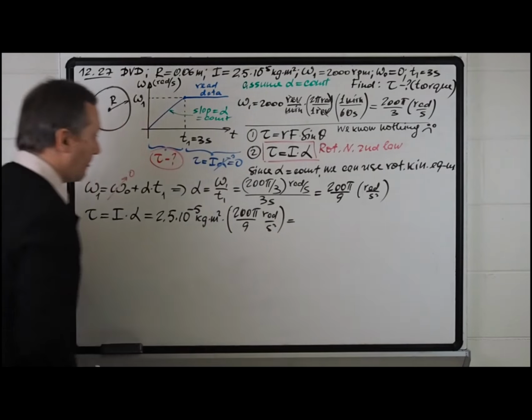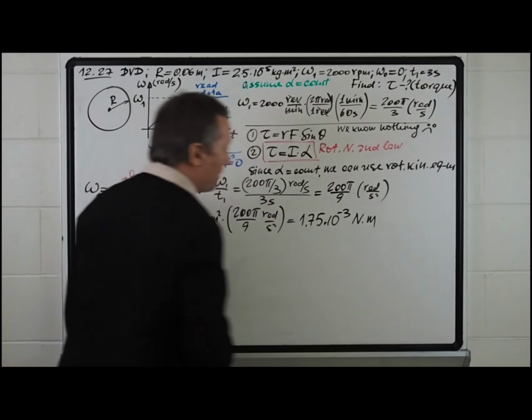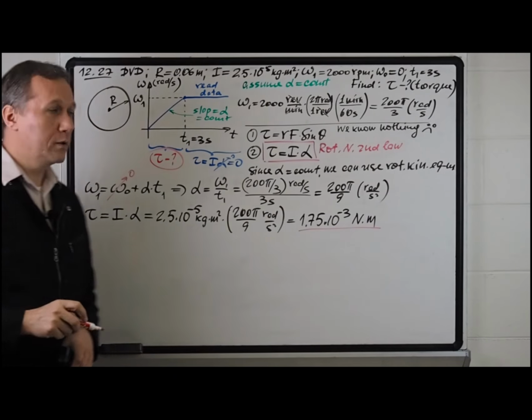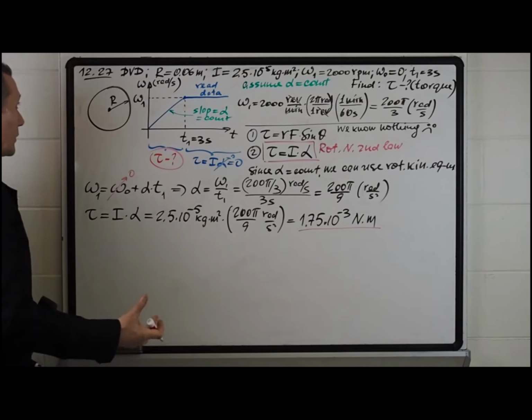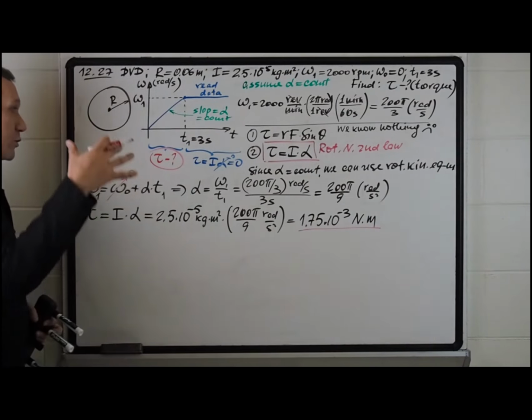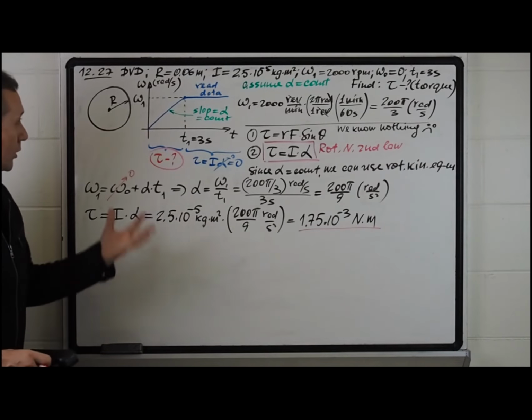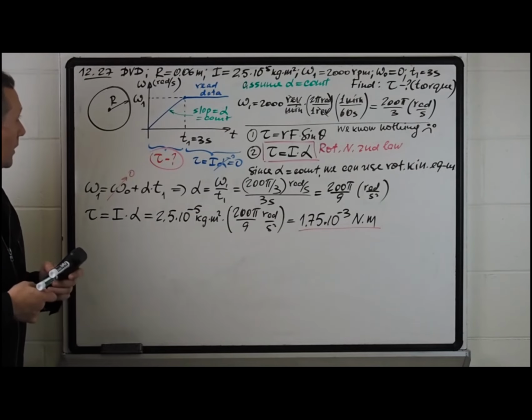You will get 1.75 times 10 to the power of minus 3 newtons times meters. Okay, so that's the torque that the electrical motor in the computer has to provide in order to produce this constant angular acceleration, 200 pi divided by 9.